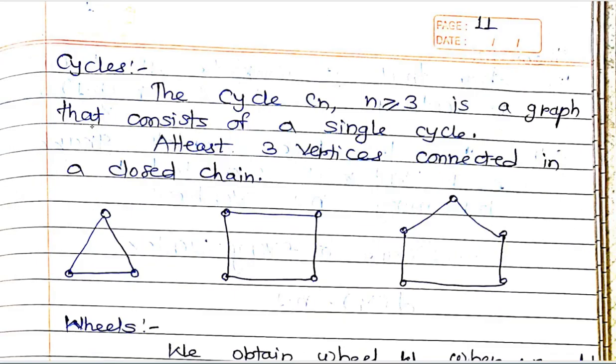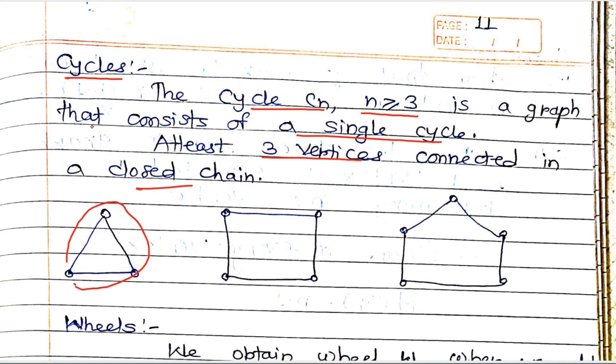Next is cycles. In a graph you will find cycles. The definition of cycle Cn, where n is greater than or equal to 3, is a graph that consists of a single cycle. At least 3 vertices are connected in a closed chain, and we call it a cycle.